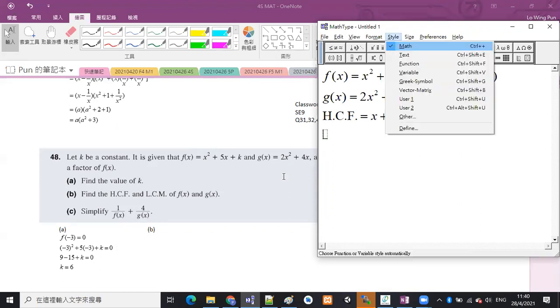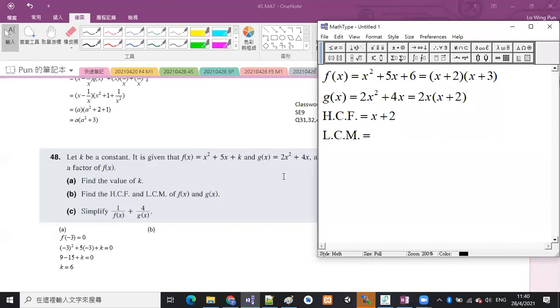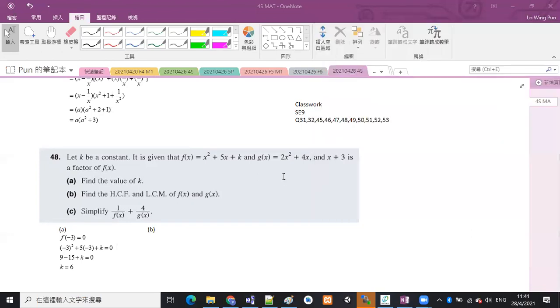And then the LCM should be the common multiples. So we have 2 to the power 1, we have x, we have x plus 2. The highest power of x plus 2 is 1, so it's just power 1. And we also have x plus 3. So that is the answer.